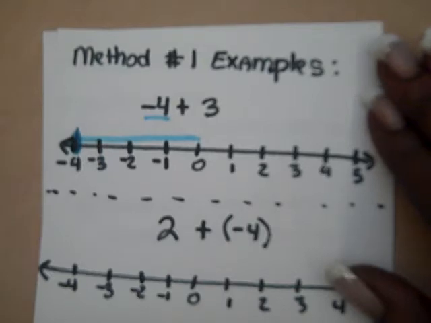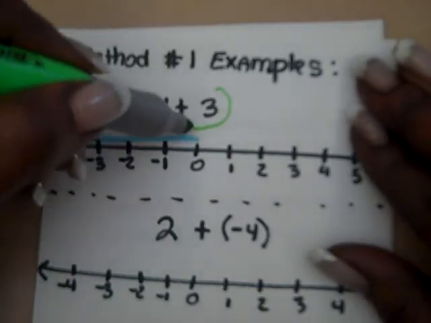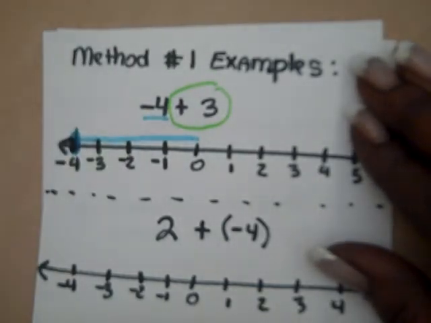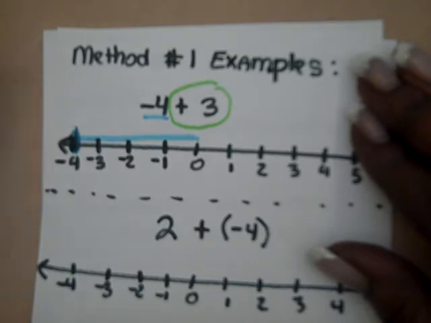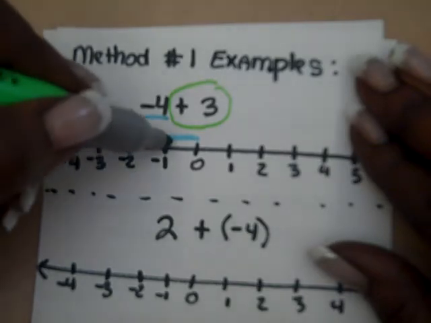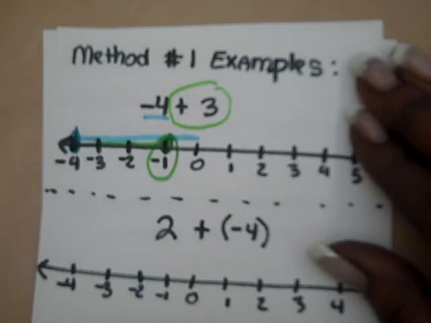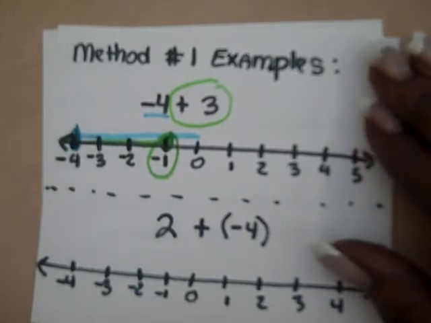Now that we are at -4, we're going to focus on the second number in the problem, which is +3. The fact that it's positive is telling me to move to the right 3 places. So I'll move 1, 2, 3 places over, and where I end up is the solution. In this case, it is -1.